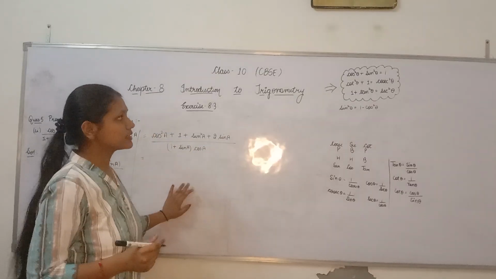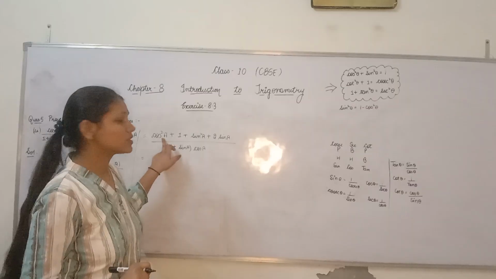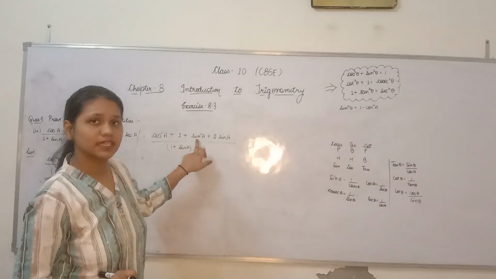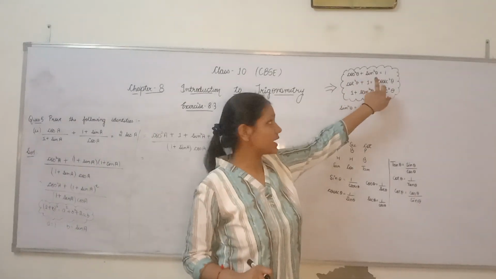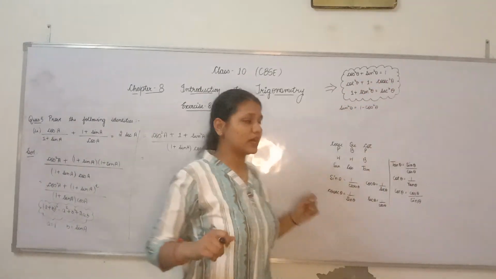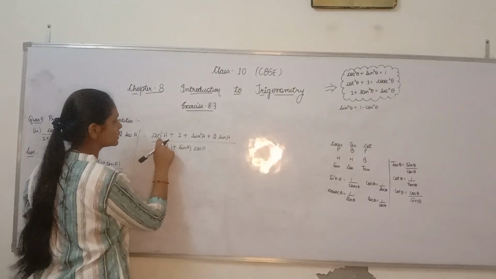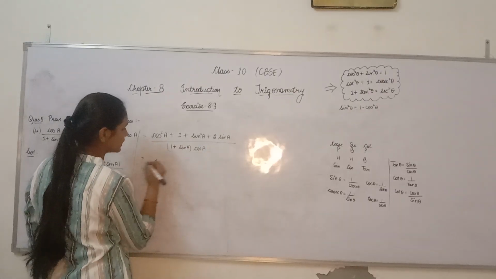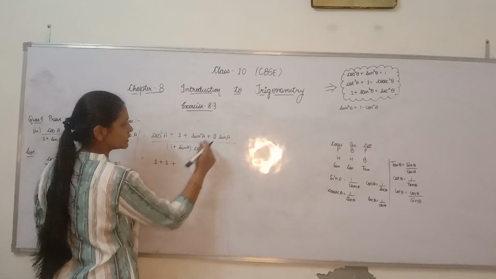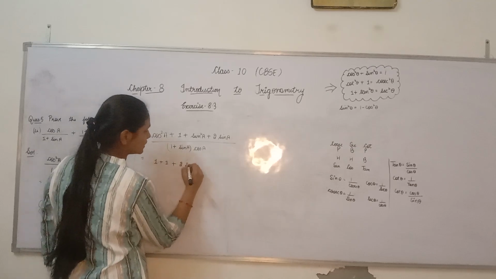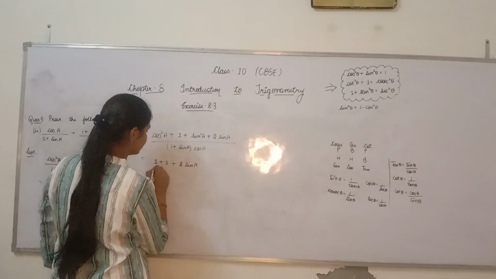Now, as in the trigonometric identity, cos square theta plus sin square theta is equal to 1, I will put cos square A plus sin square A as 1, and this 1 should be added to the other 1, and then 2 sin A is left.